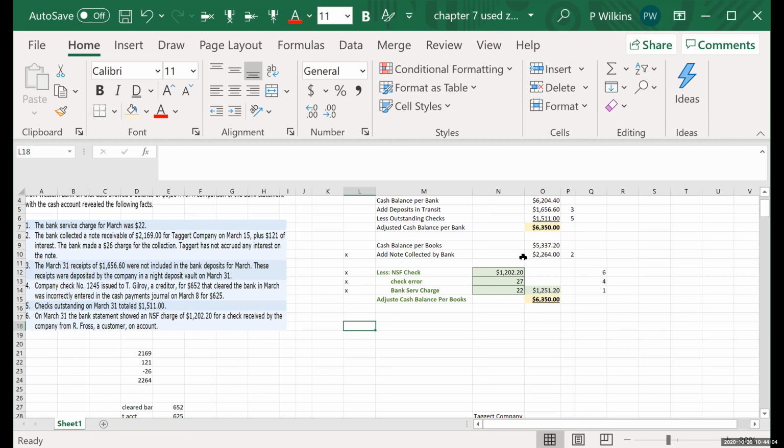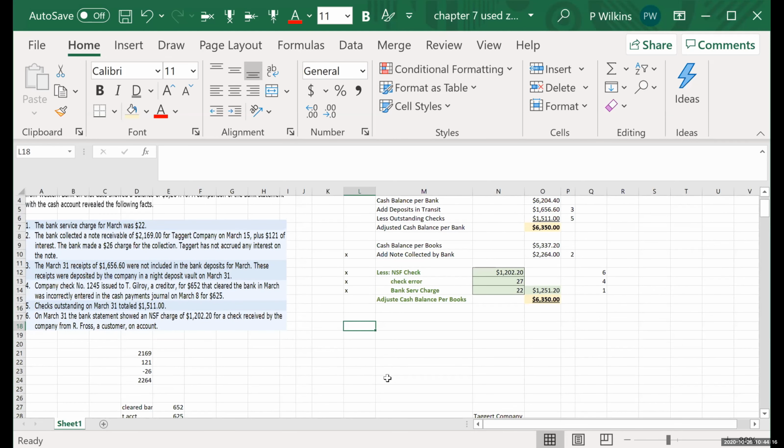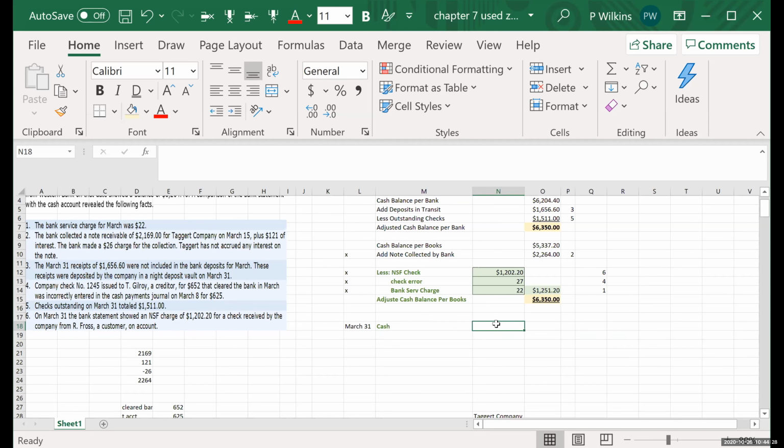If it's an add to, we're going to debit the cash account. If it's a less, we're going to credit the cash account. So on the first one, this was March 31st, right? 3/31. I'll just put March 31. March 31, we are going to debit cash, 2264.